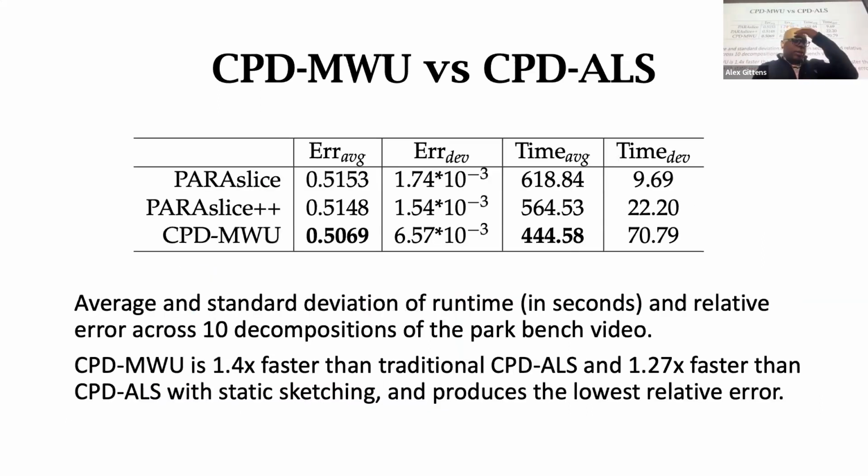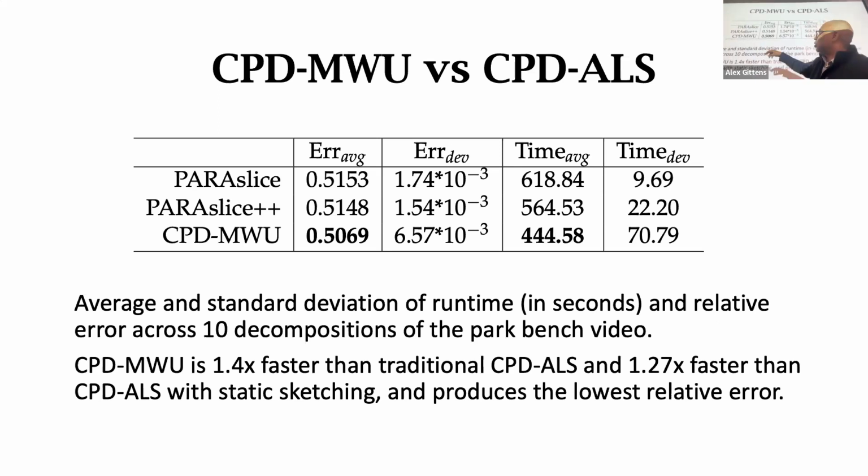Okay. And then here is an example of taking a decomposition of a standard data set. It's a park bench video. So Paraslice is standard ALS. Paraslice++ from prior work is ALS with a fixed sketching rate. And here we chose the sketching rate by running all of the same sketching rates that we do in our adaptive algorithm and choosing the one that performed best in hindsight.